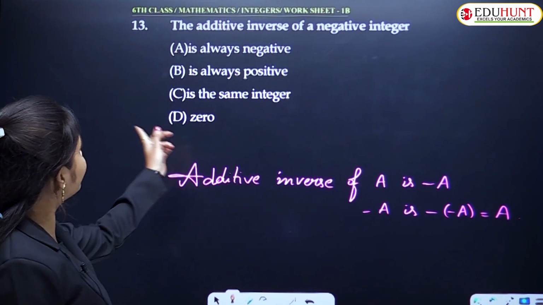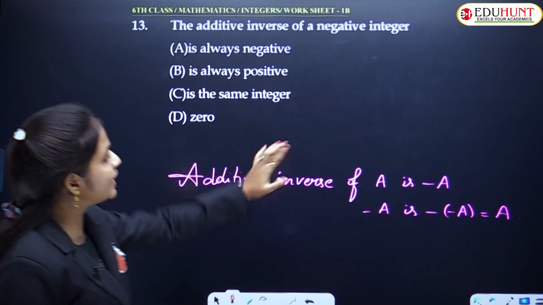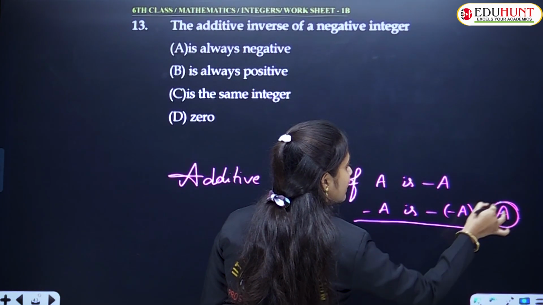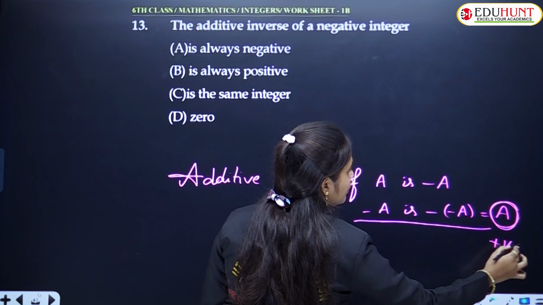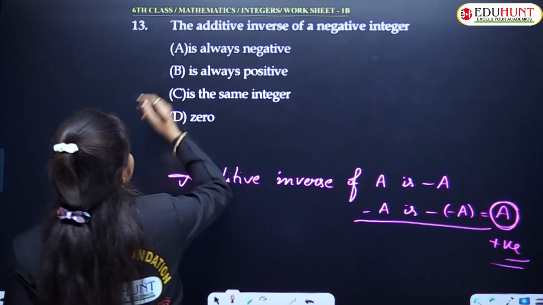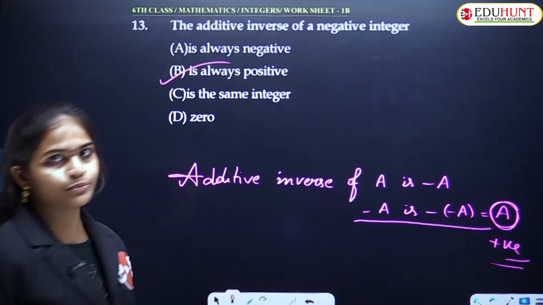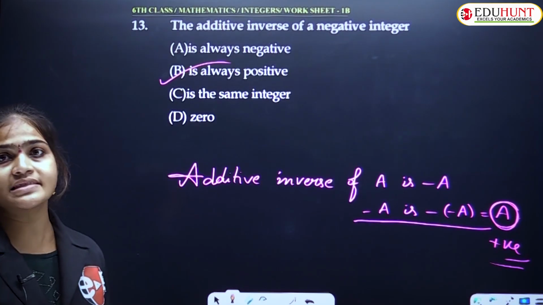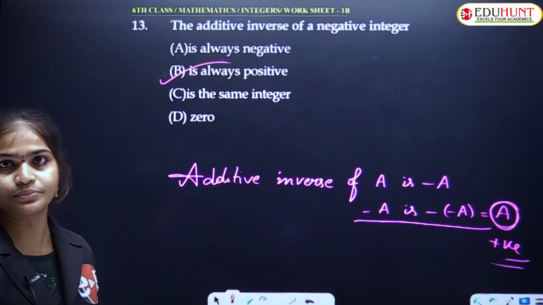Understand? As per the given question, the additive inverse of a negative integer is what you are getting here, negative or positive? Positive only, no? So that's why here the answer is always positive. The additive inverse of a negative integer is always positive.